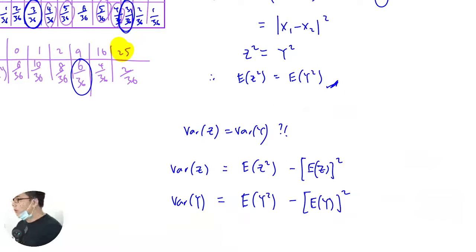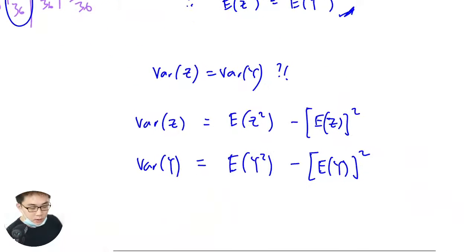If you do not want to use this method, you can calculate it by brute force. So for variance Z, we know that E[Z²] equals E[Y²], no question asked. This is the same.